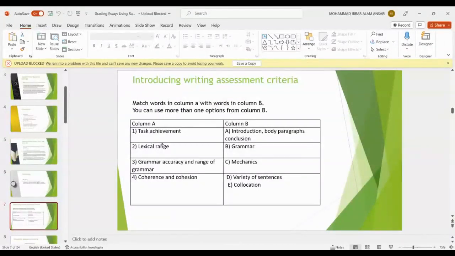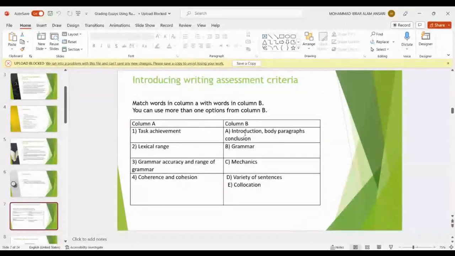Now, here is a task for you. There are two columns, column A and column B. In column A, you have four criteria that are used, in fact, for IELTS writing task 2. And on the right, that is column B, we have some of the elements that we have on our rating scale. Can you match them?